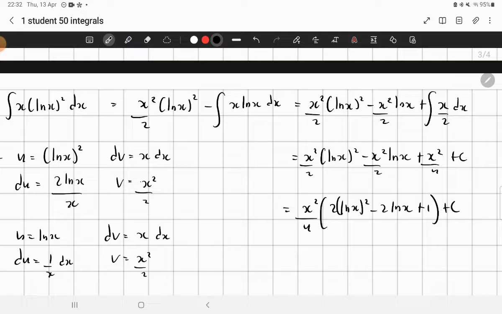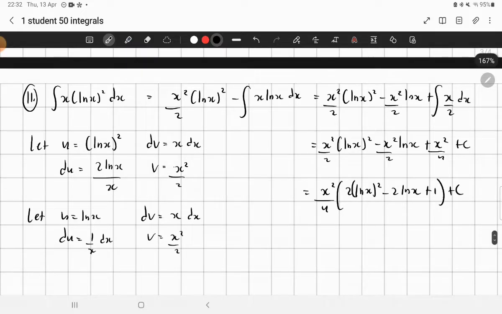There you go. That should be the resulting integral. Let me check first. x times ln of x to the power of 2. So you obtain, yeah, x squared over 4.